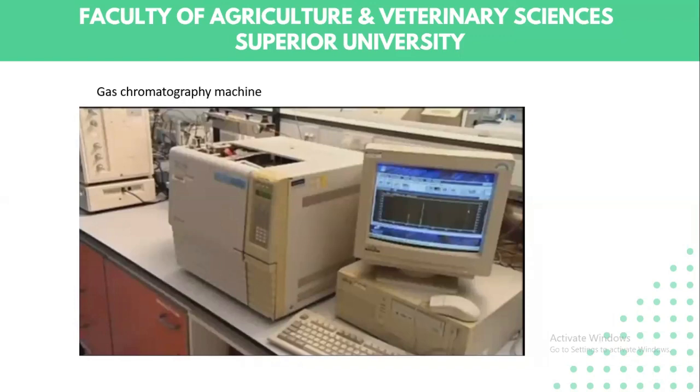So we remove the glycerol and feed a pure sample of fatty acids. We inject it into the gas chromatography machine, and it matches with the standards. It makes peaks on the screen, and it will give you the fatty acid profile of any sample.